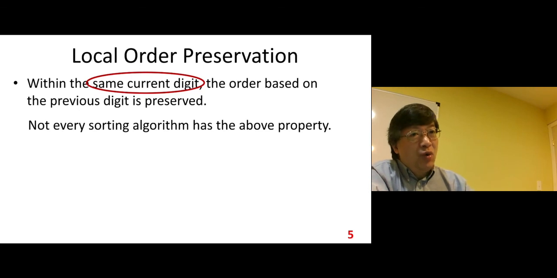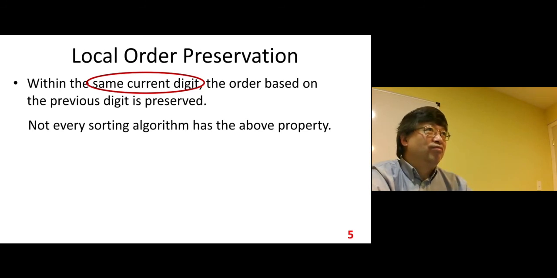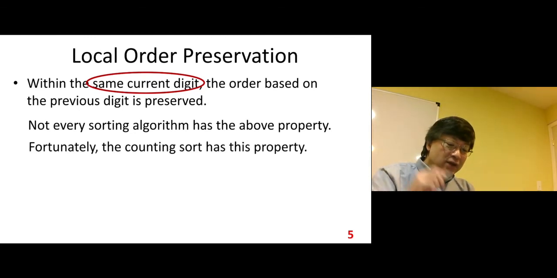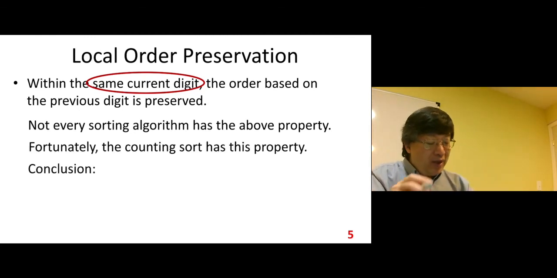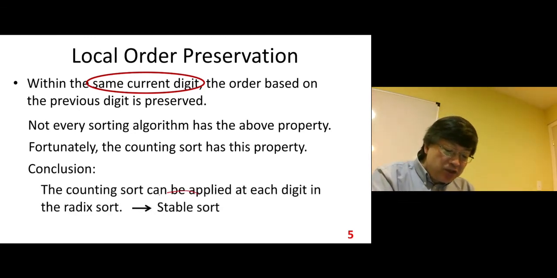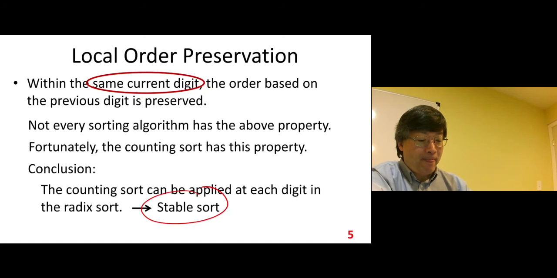The counting sort can be applied at each digit in the radix sort. For a sorting algorithm with that property, there is a name for it. The name is stable sort.